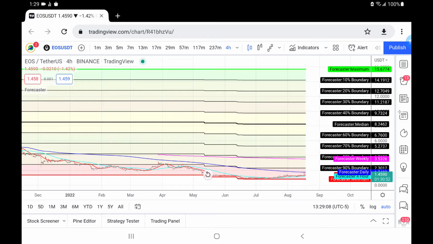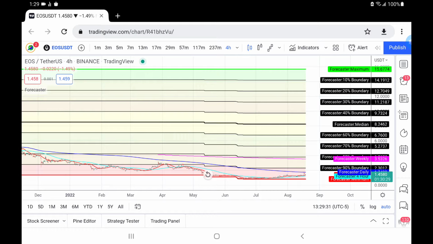So if you think of each of these grids as an order, the grid lines where price goes over more frequently should have higher position sizes than the grid lines where price doesn't exceed that often.